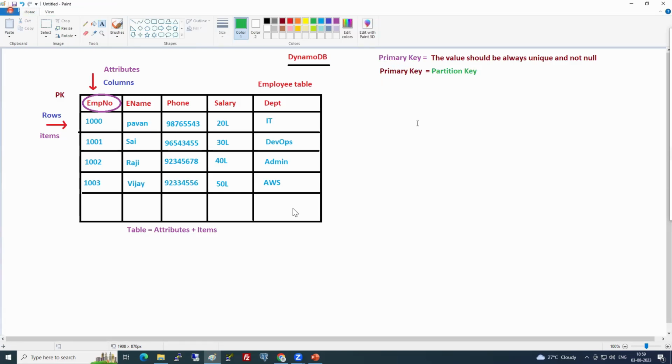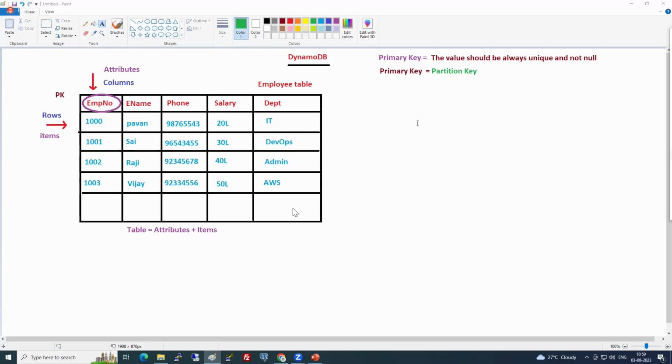Also, DynamoDB is serverless. Is it possible for you to go and create a server? What will we create in DynamoDB? We create a table directly. In RDBMS, you need to design the table, the columns that you should have. But in DynamoDB, you need not design the whole table.